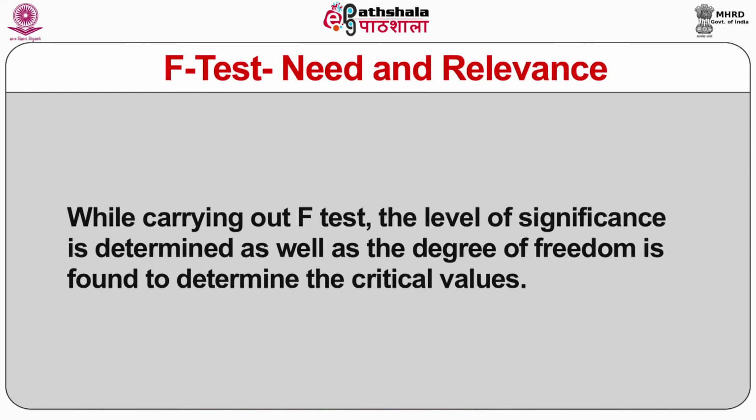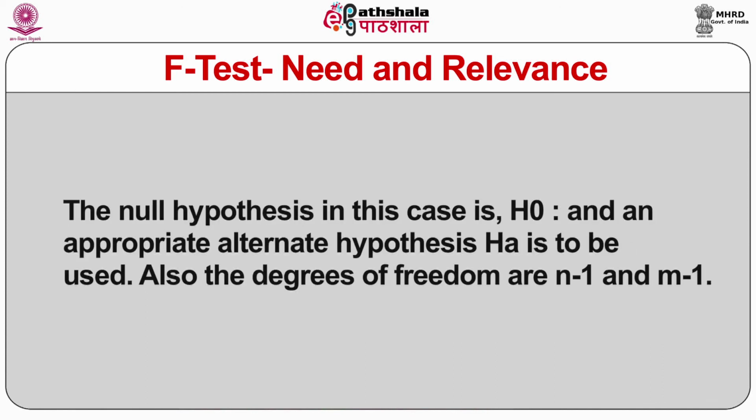While carrying out an F-test, the level of significance is determined as well as the degrees of freedom is found to determine the critical values. The null hypothesis in this case is H0 and an appropriate alternate hypothesis is to be used. Also, the degrees of freedom are n-1 and m-1.